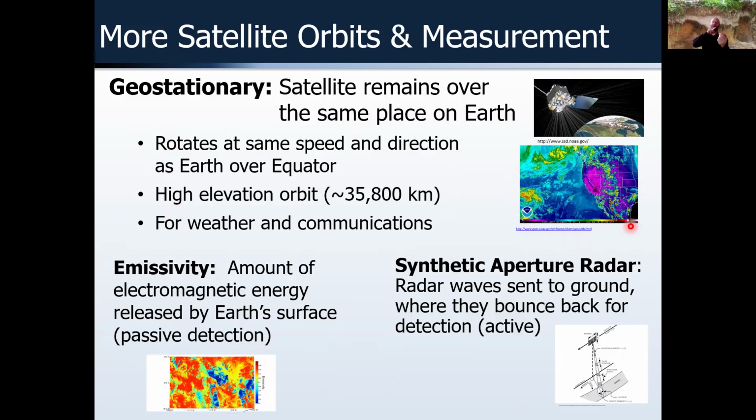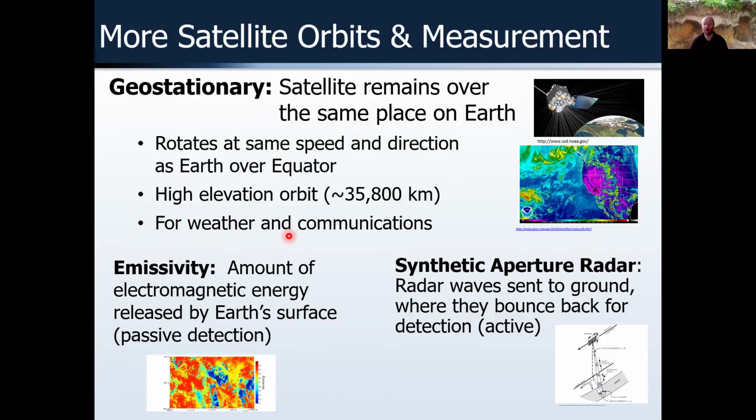And so they're fixed at a point above the equator, above Earth's surface, and they rotate with Earth in that case. They are very high comparatively. So now almost 36,000 kilometers compared to the 700 or 800 kilometers of a sun-synchronous orbit. And again, rotating at that same speed as Earth. So it's a fixed location in space, above Earth's surface at a specific spot.